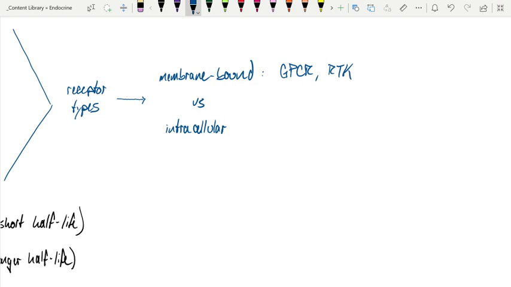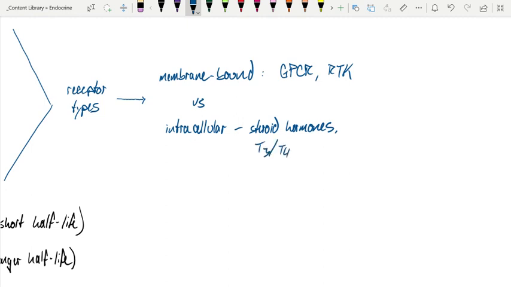These types of hormones can pass through the membrane by simple diffusion because they match the small, nonpolar, non-charged lipophilic qualities that allow them to go right through the cell membrane. So these tend to be steroid hormones. Also, the metabolic hormones T3 and T4.